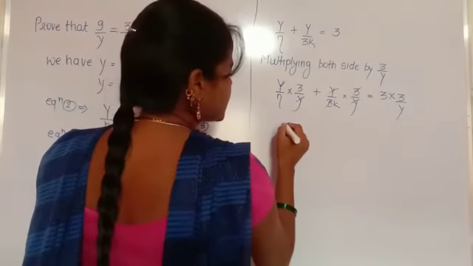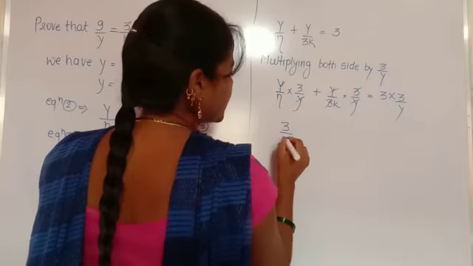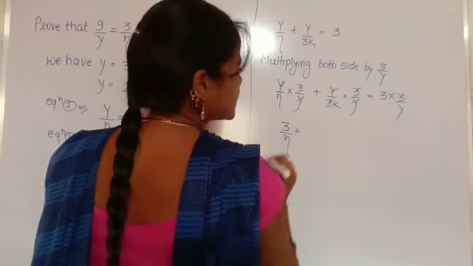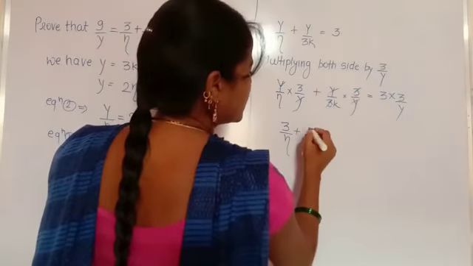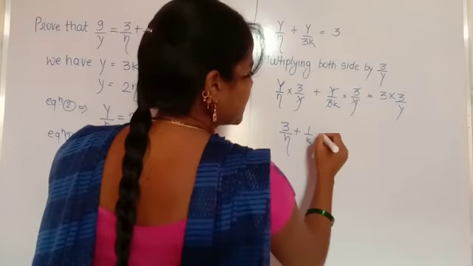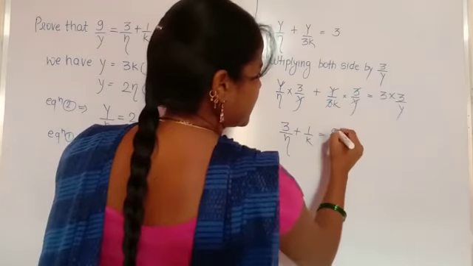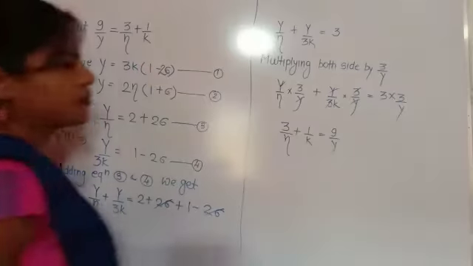The remaining terms are 3 by eta plus 1 by K equals 9 by Y.